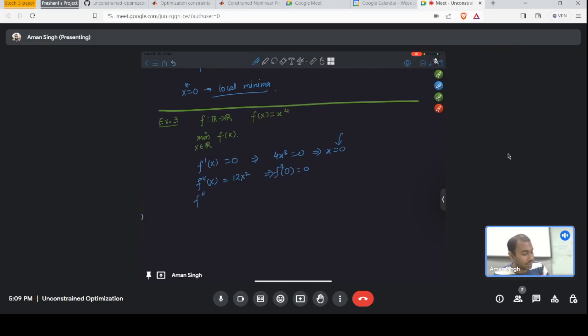So actually we do not get any information. f'''(x) is equal to 24x, which is also 0, and the fourth derivative is 24, which is positive and is on the even position, so this will be a minima. Correct. We found our minimum.